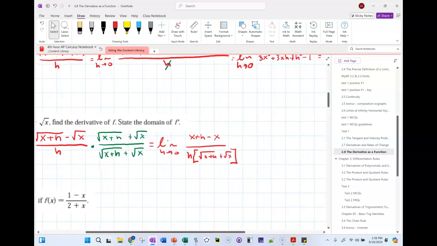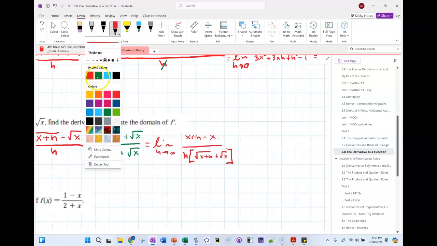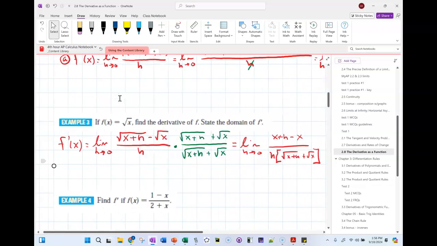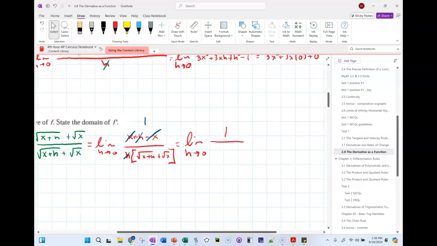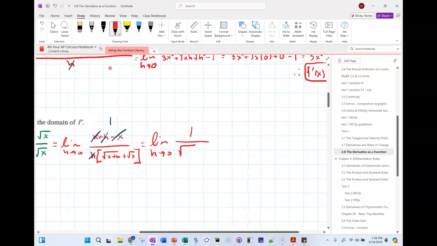All right. What do you notice happens here? Yeah, so the x's from the numerator cancel, and then I can reduce the h out of there. So there's my simplified version.